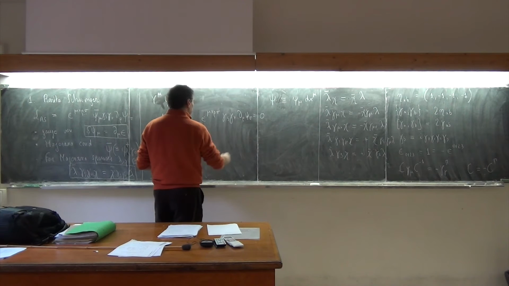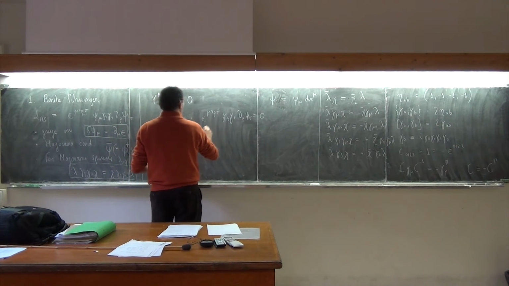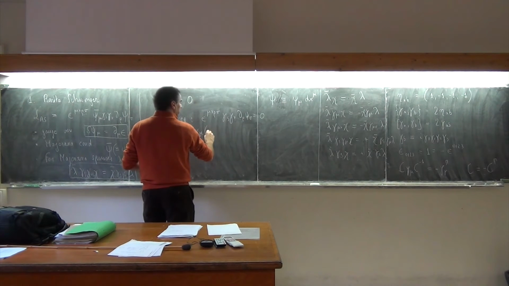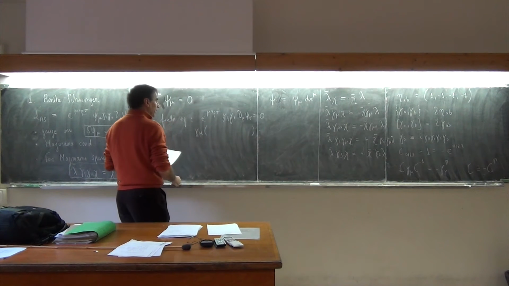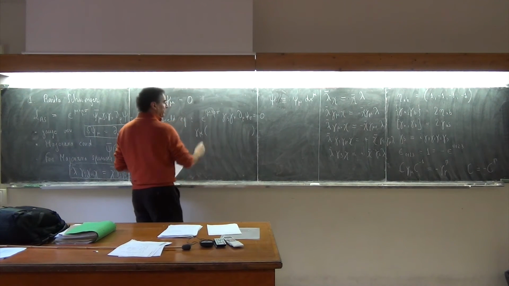Now you can multiply this equation by gamma mu, and you see that here you reconstruct the gamma mu that are anti-symmetrized.